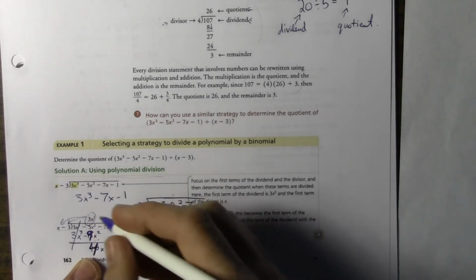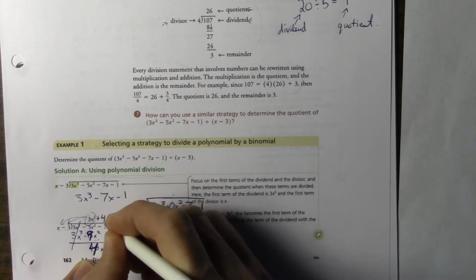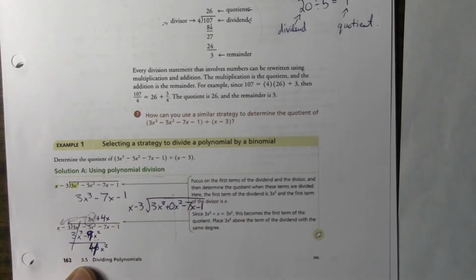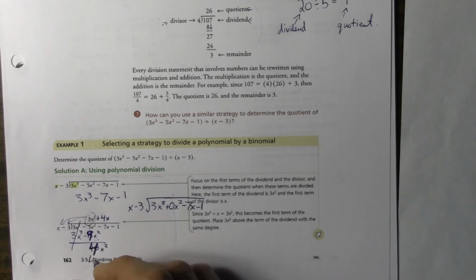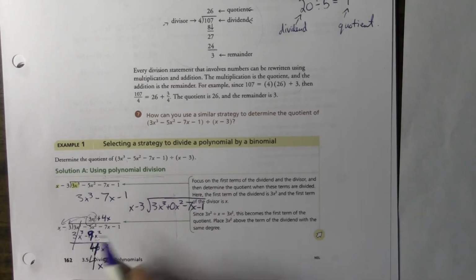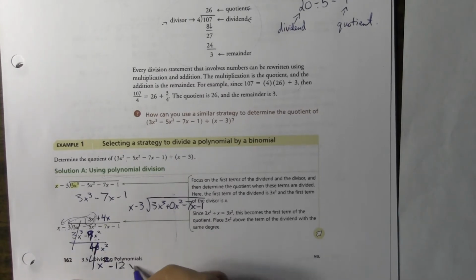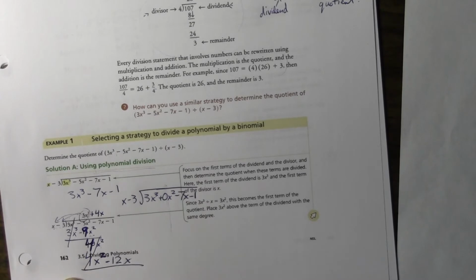All right, so then I have positive 4x. Positive 4x times x is 4x squared. And then 4x times negative 3 is minus 12x. So these go.